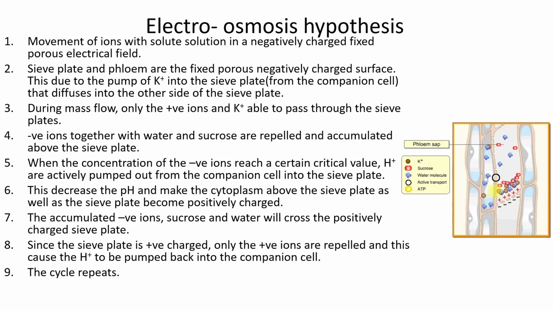So this electro-osmosis hypothesis explains how the sucrose, which is negatively charged, is able to cross these sieve plates from one sieve tube to another sieve tube.